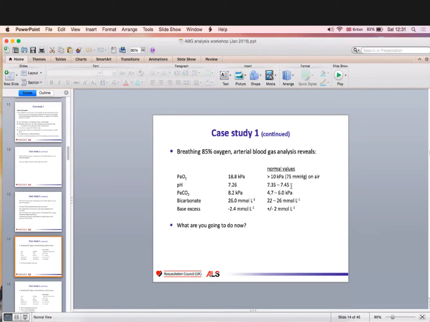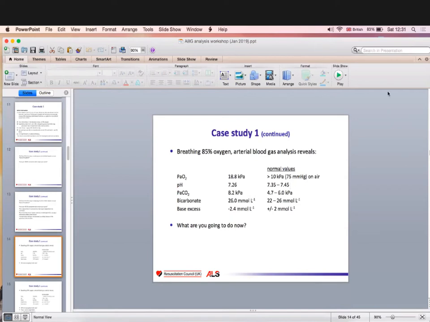So the PO2 is 142 with 85% oxygen. pH is 7.26. PCO2 is 8.2. That means if you multiply it by 7.5, it's around 56. So PCO2 is 56, bicarb is 26, and base excess is minus 2.5.